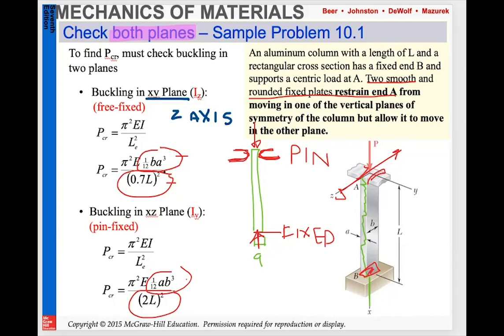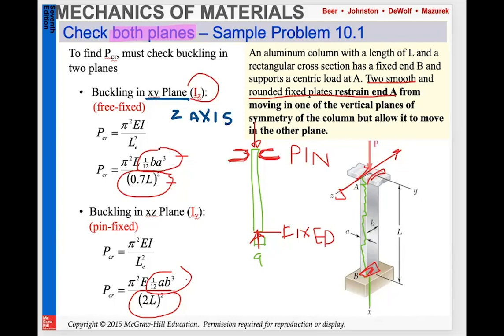So you can see here we have b a cubed. So in this particular case, we're taking the moment of inertia about z. So the moment of inertia about z, meaning that for the bh cubed, you have a different thing on either side.